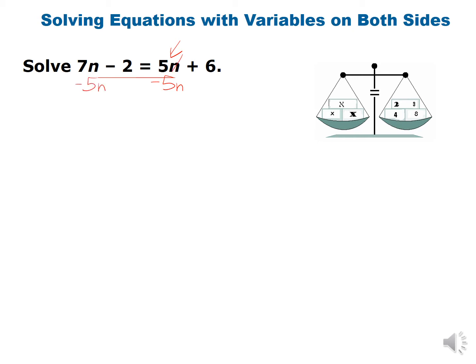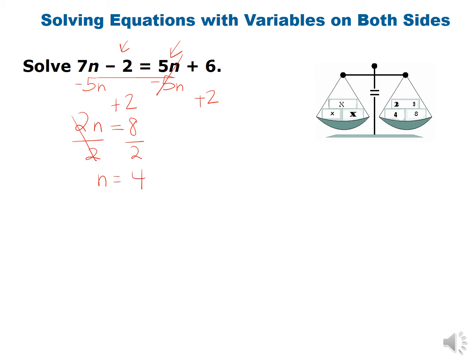Okay, so those are gone, and so this would be 2n. My next step is going to be to move, since this number is now on the side with all my n's, I have to move that using opposite operations. So I get equals 8. Now my last step is to divide by 2, and I get n equals 4.